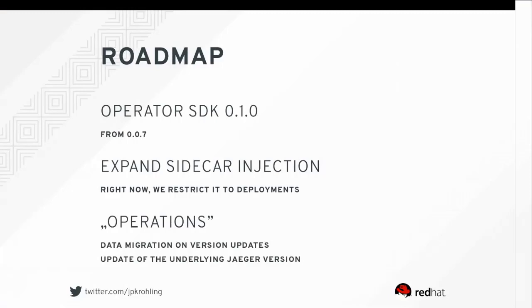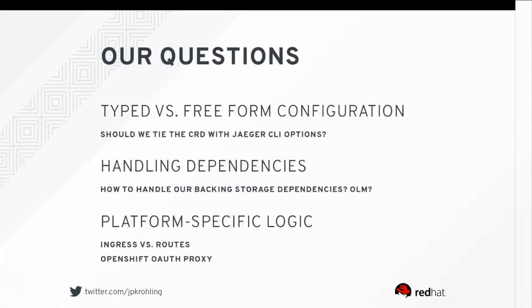And linked to that, we also want to do data migration. So we do provide already, for Cassandra, for instance, CQL files that migrate data from older versions to newer versions. So we can just apply that by the operator.